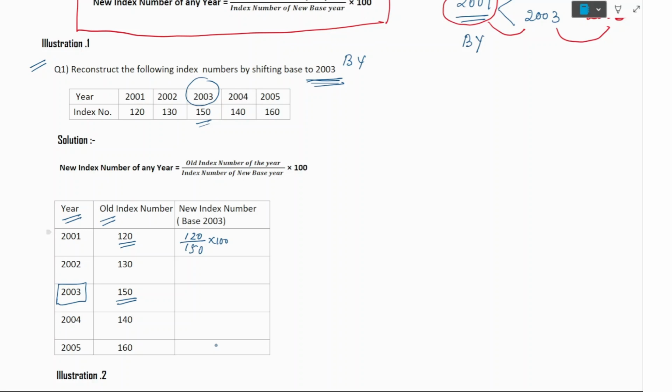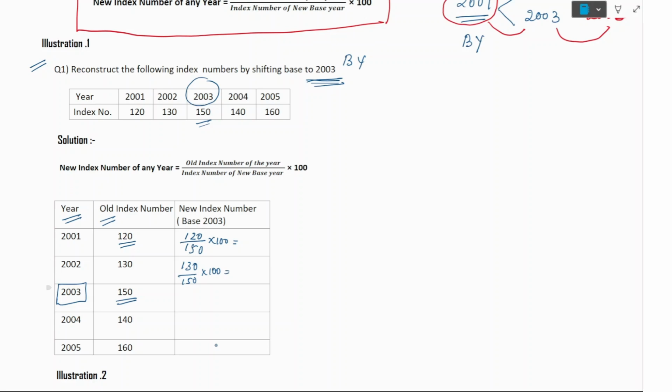Old index number divided by index number of the base year into 100 gives you the new index number for the year 2001. In the same way, you continue: for 2002 you calculate 130 divided by 150 into 100.